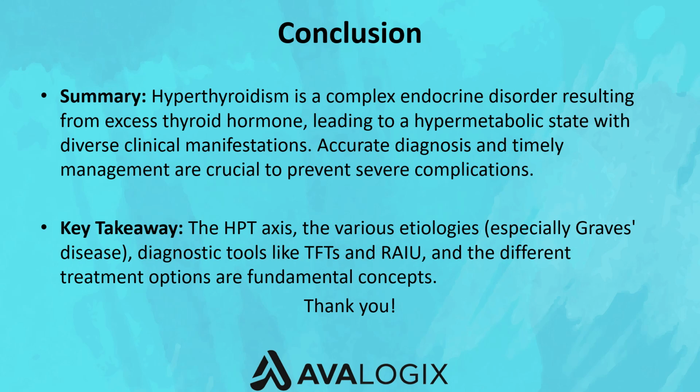Diagnosis hinges on TFTs, antibodies, and imaging studies like RAIU and ultrasound. Treatment options are diverse, ranging from medications to definitive therapies like RAI and surgery. Complications, especially thyroid storm, AFib, and bone loss, highlight why timely intervention is essential.